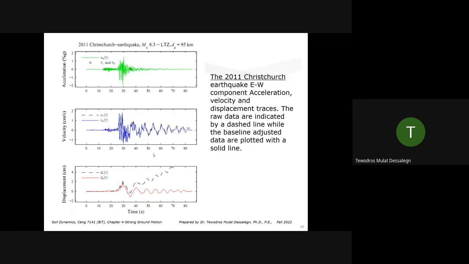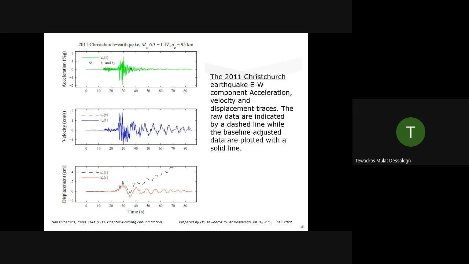There are different software packages to process raw acceleration data, because the most popular form of recording is acceleration. You may not see the error in the acceleration data, but if you plot the velocity and the displacement, you can clearly see the drifts because of the error. You can see the corrected and uncorrected input motion, the acceleration records and velocity record.